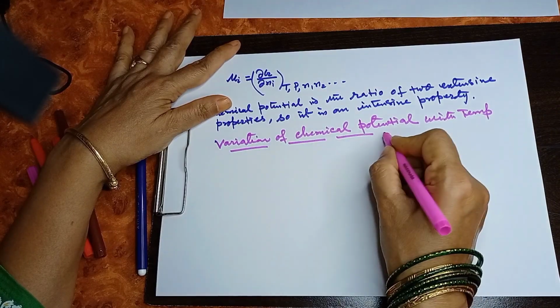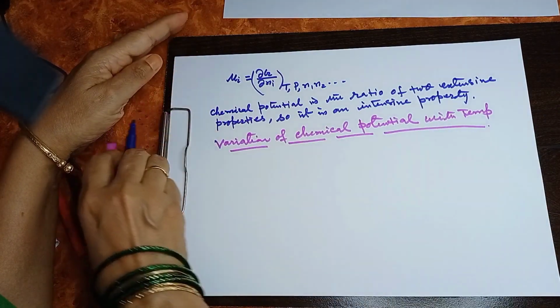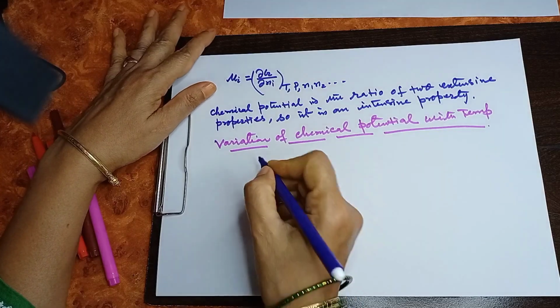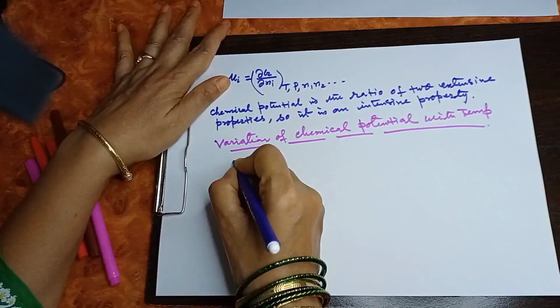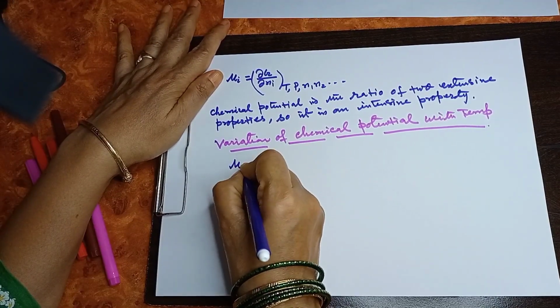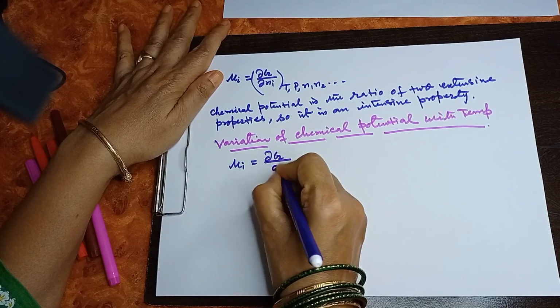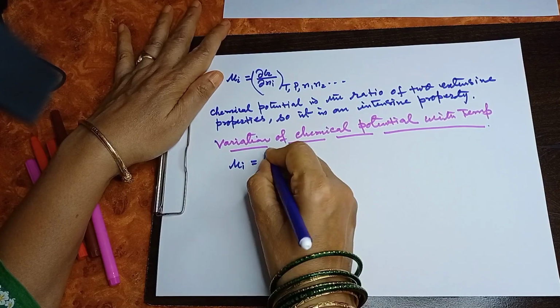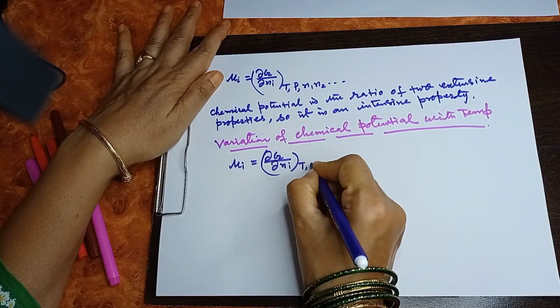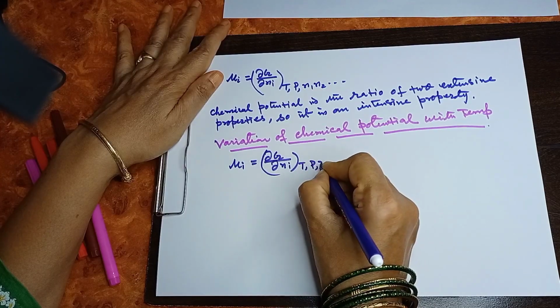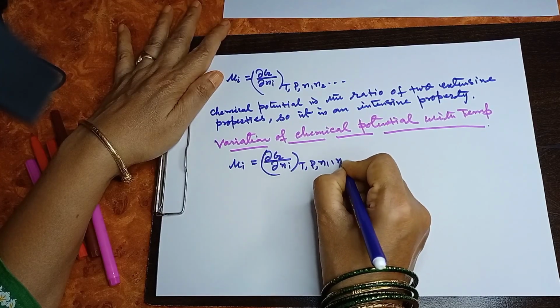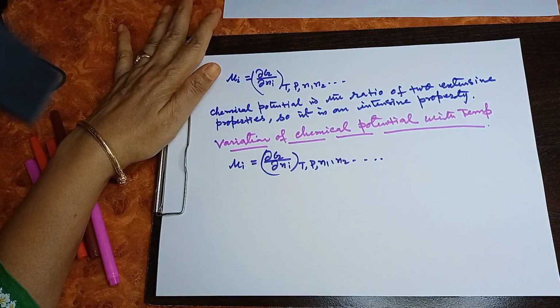Okay, so let's start the derivation. Right, so chemical potential of the ith component mu i is equal to dou G by dou Ni at constant temperature, pressure and other components.